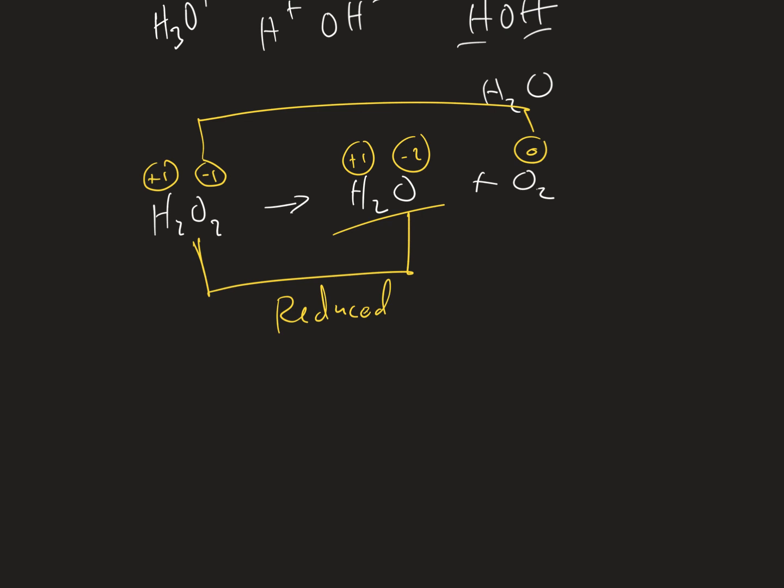Oxygen is oxidized and reduced in this reaction. So it doesn't need to be always all the elements. So hydrogen stays the same, doesn't it? Yeah. Good. But it's still true that the rules that tell us it's oxidation reduction still follow.